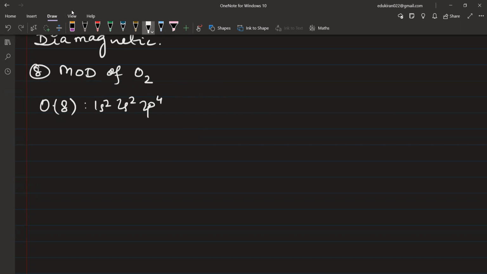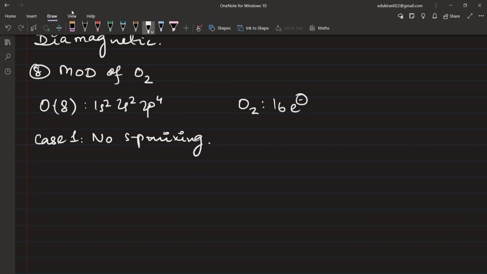Now sp mixing will not take place, and the O2 molecule is going to have 8 into 2, that is 16 electrons. This is Case 1, which has no sp mixing. The electronic configuration is simply sigma 1s2, sigma star 1s2, sigma 2s2, sigma star 2s2.